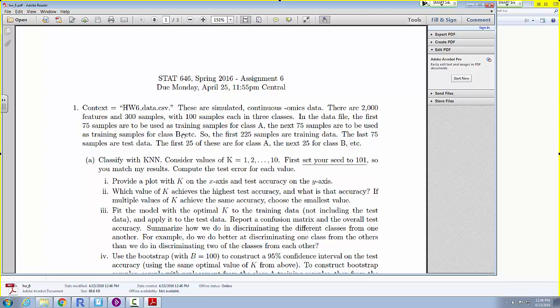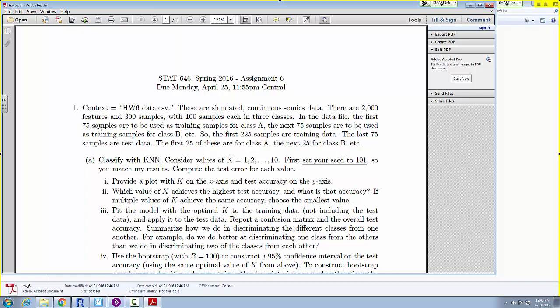There is discriminatory information in the data. But not every single feature is informative. Some of them, you find out at the end of this assignment, have nothing at all to do with class membership. So there is a subset of the features that are informative, that are useful, predictive for doing a classification. There's some that are only going to hurt because they're just noise.